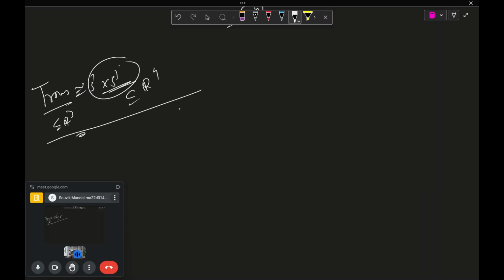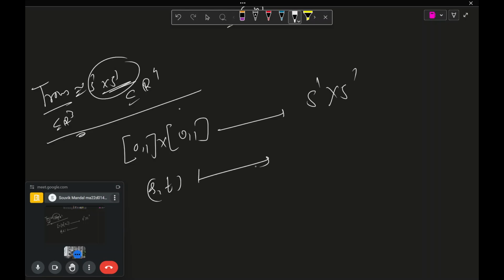So instead of the torus, we shall go with this one. The rectangle is the closed [0,1] cross [0,1]. We define a map P as follows: (s,t) goes to (e^{2πis}, e^{2πit}).